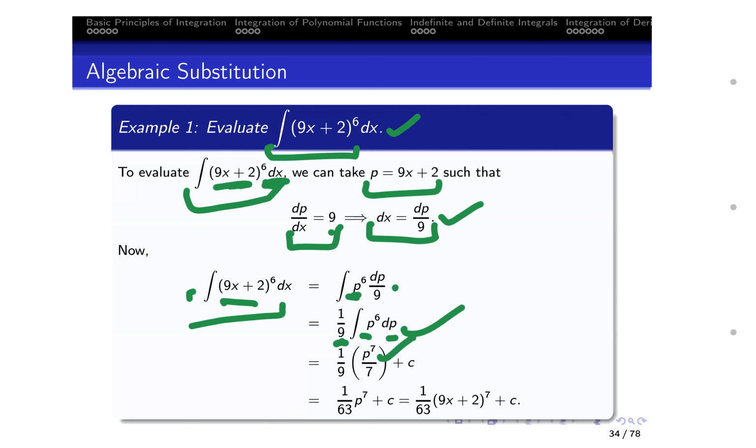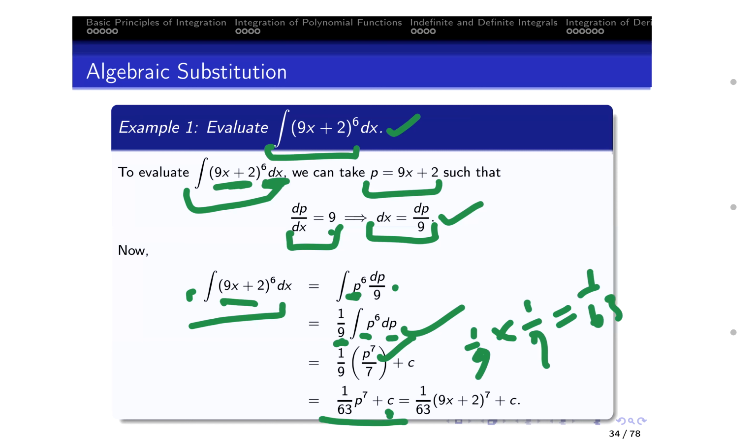But never forget that what you started with was not p. So once you integrate it, you have to take back what you did. So you have 1 over 9, and p raised to power 7 over 7 means that it's 1 over 9 times 1 over 7, and that is 1 over 63. That's why you have 1 over 63 p raised to power 7 plus constant c. Now you bring back your p.